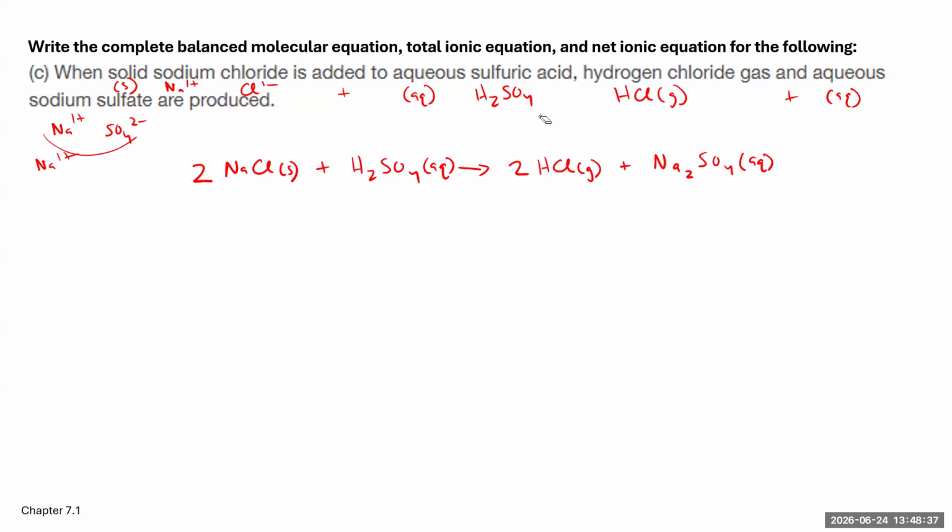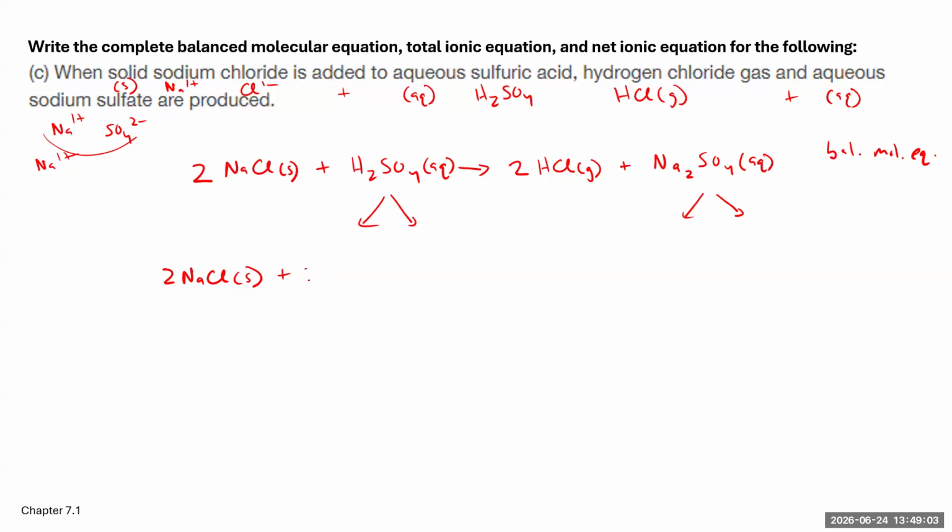Separate all that is aqueous. Let's break those apart now. This you break apart, and this you break apart. Again, this is the balanced molecular equation. We're going to keep this together. 2NaCl solid.